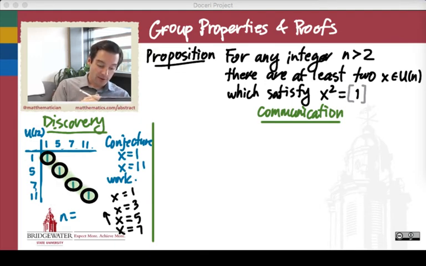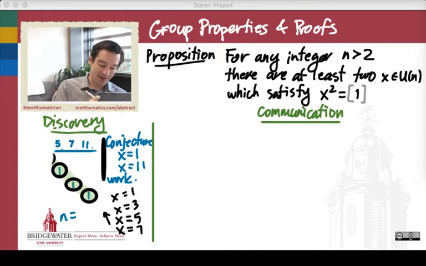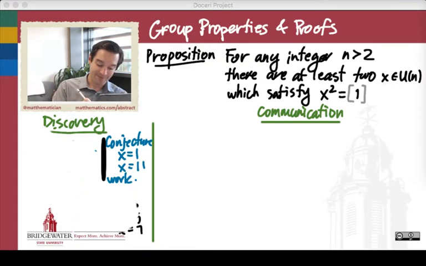So what we'll then do is we'll then make this observation here into a more formal conjecture. All of this is still happening on a bar napkin. I haven't actually started writing my proof yet. So let's turn this into a conjecture.